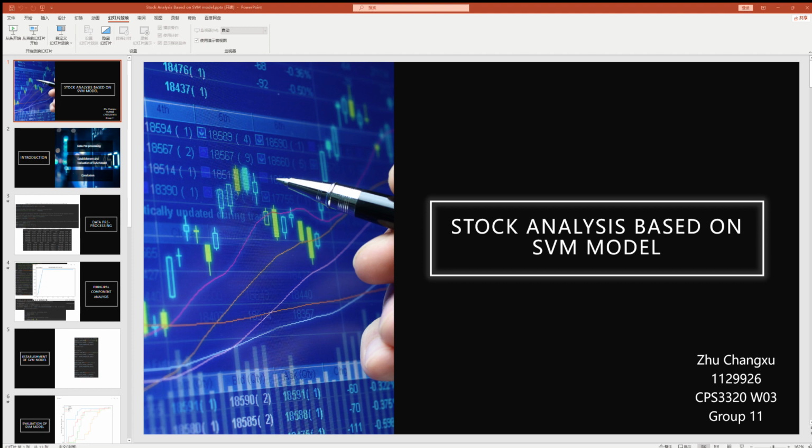So first, the data are selected from websites and from some stock apps, which are formal databases to get multiple stock data. Also, we can get data from some third-party libraries in Python like Tushare.